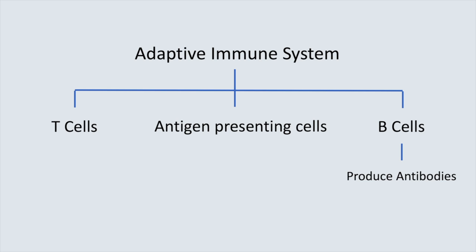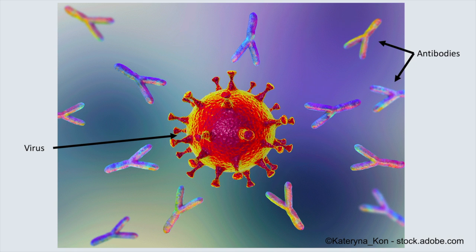And what is important to note about these cells is that they produce what are known as antibodies. Now, antibodies are going to be a small molecule that can be released from these cells that will bind physically to things like viruses. And that's important because when an antibody is able to bind to another molecule like a virus, that is the signal for the rest of the immune system to attack it.